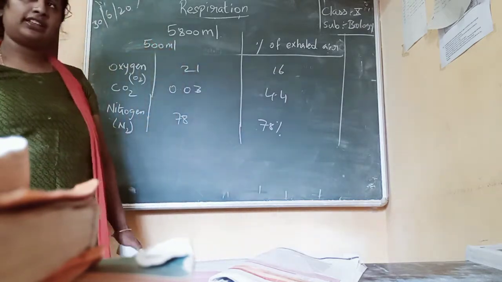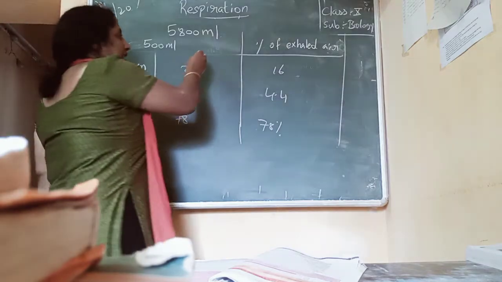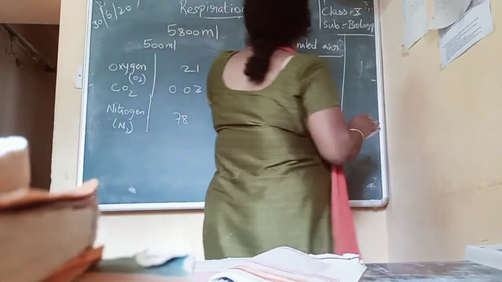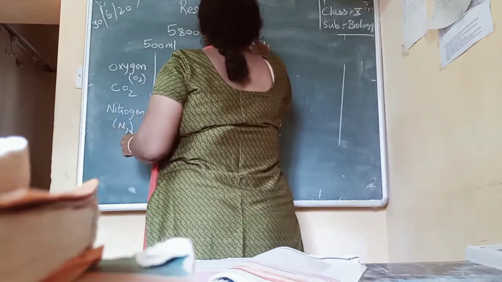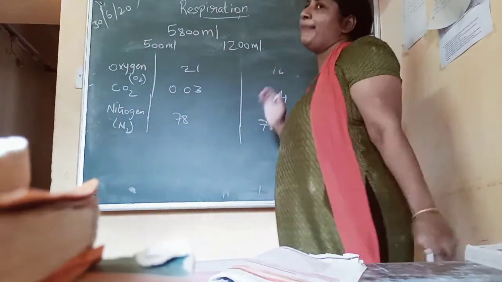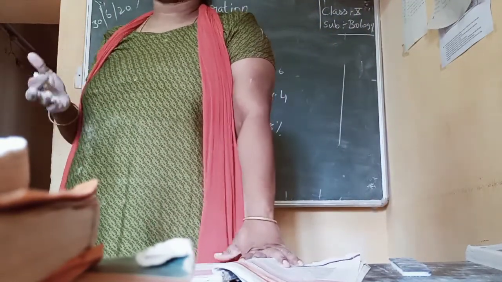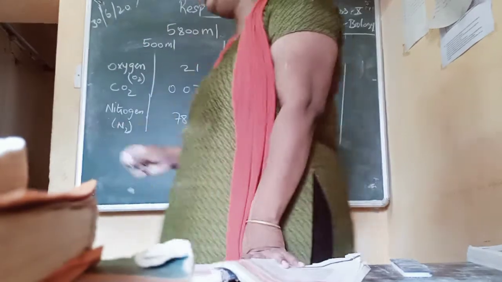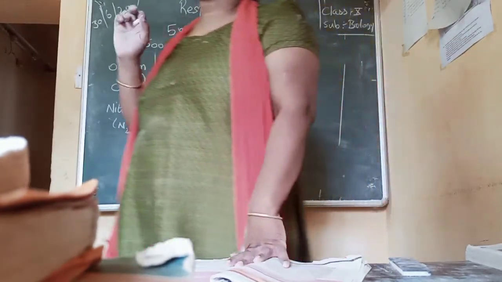But after you exhale also, yesterday I told it wrong, it's not 120, it's 1200. Okay, after complete exhalation also, still 1200 ml of air is remaining in the lungs.